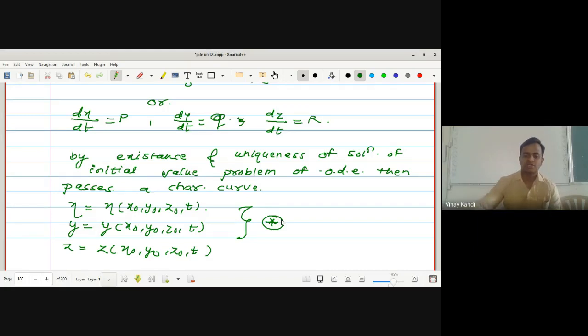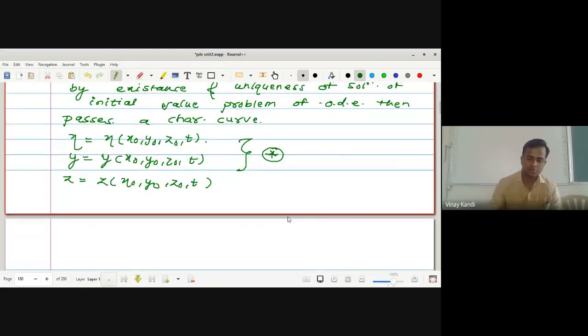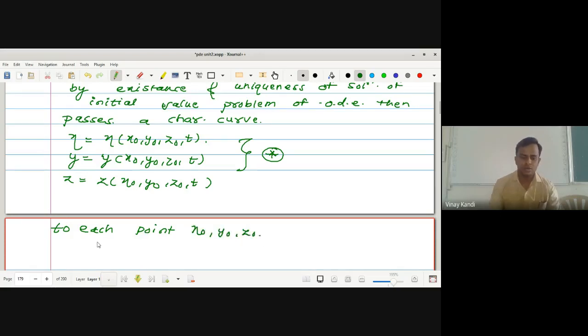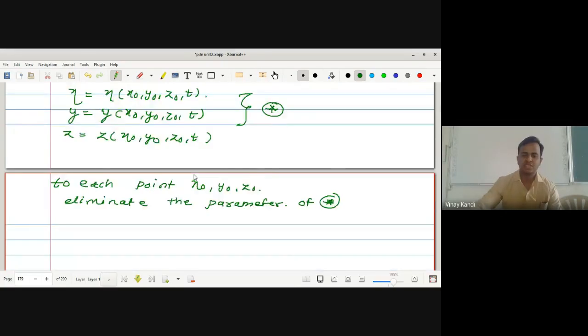To each point x naught, y naught, z naught, now eliminate the parameter t of star, so we get the required integral surface.